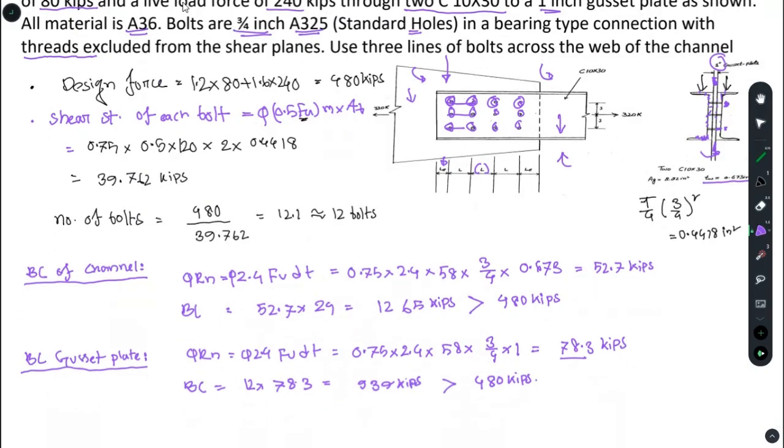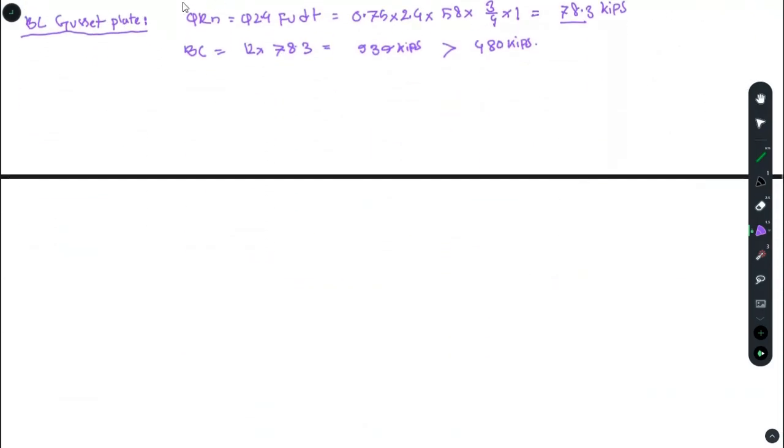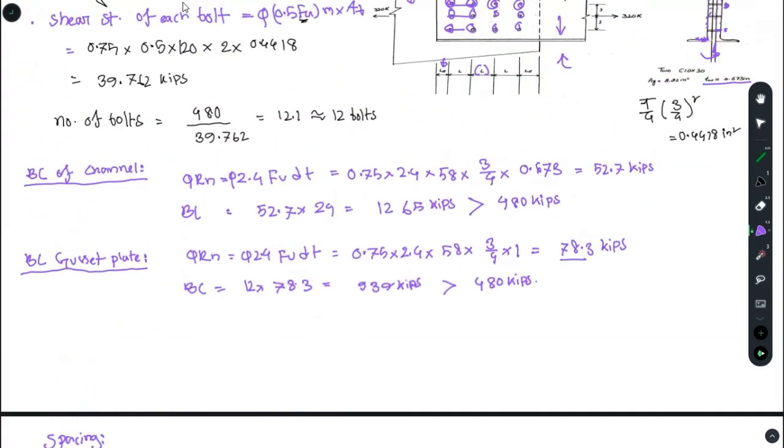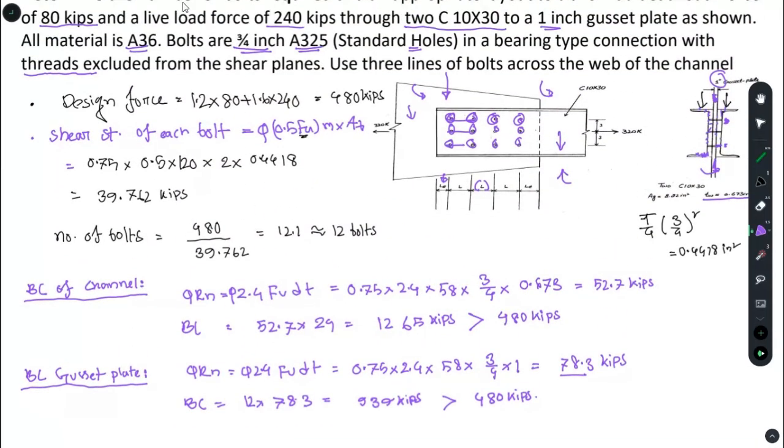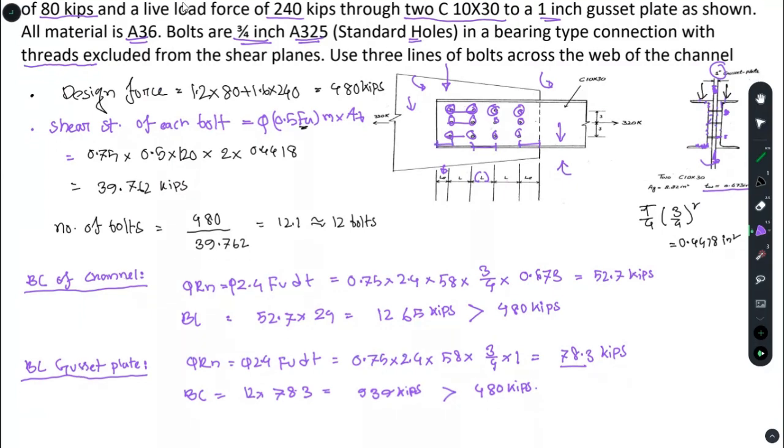So the next part is we'll find out the spacing of bolts. For spacing, we have two types of spacing. One is edge spacing, and another one is in between spacing, like this. So these are L, and these are edge spacing, that is LE.